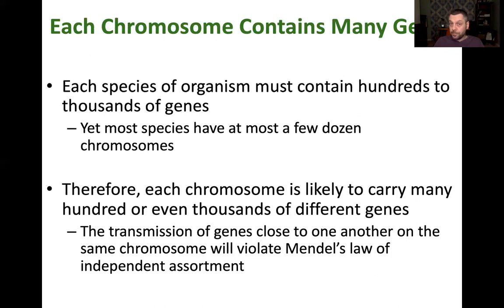And that gives us a bit of a dilemma when we're thinking about how Mendel's laws work. Indeed, if two genes are close to each other on a physical piece of DNA, on a chromosome, in other words, then that's going to mess up Mendel's law of independent assortment.